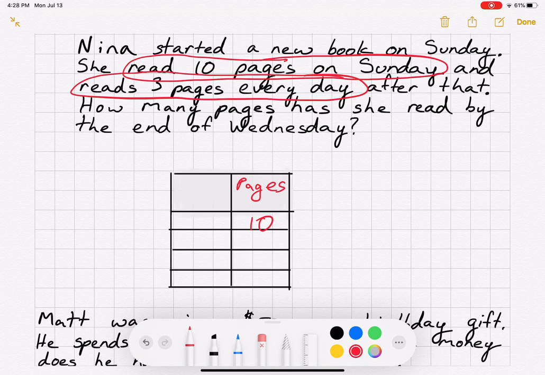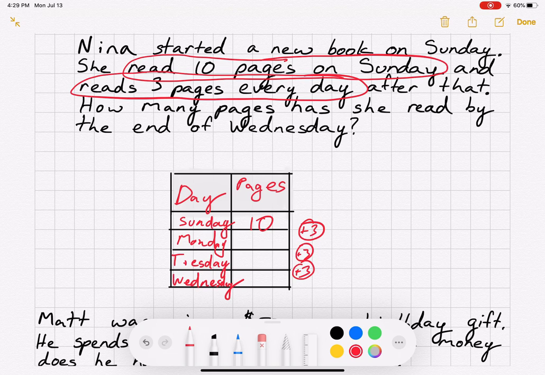Okay, and this is the day here. Okay, so this is Sunday. Now, what do we do? How many pages she read by Wednesday? So she reads 3 pages every day after that. And then by Wednesday, so I'm going to set my problem up. Sunday, Monday, Tuesday, and Wednesday. A little long there. All right, and I'm adding 3 each time.